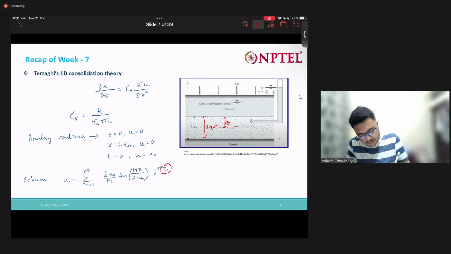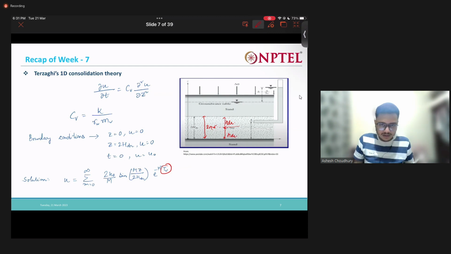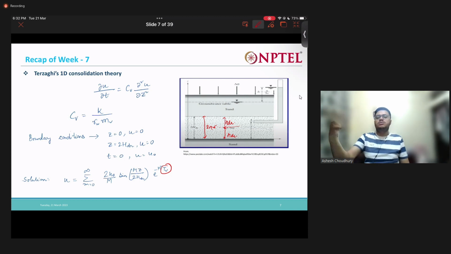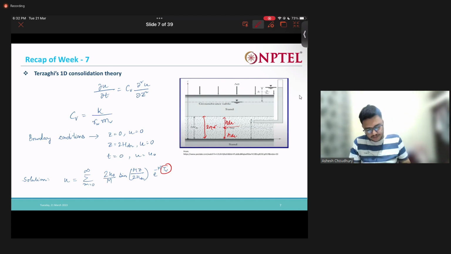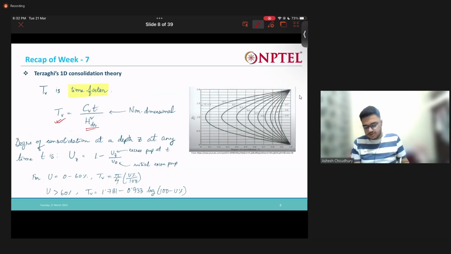So this is my drainage path, the maximum distance a water particle has to travel in order to drain out, that is Hdr. This is a non-dimensional time factor.